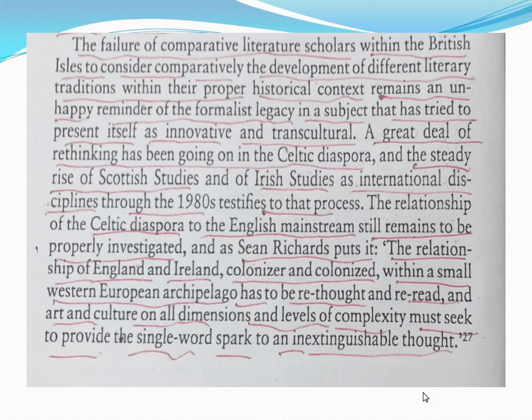Then we got so much information: there are four states under the UK, and not only the four states, we also have two islands, the Isle of Man and the Channel Islands. Including these areas, they have their own identity and their language. For example, we have several Celtic languages, the Gaelic language, the Manx language, the Cornish language, the Welsh language, and the Irish language. So this language is their identity.